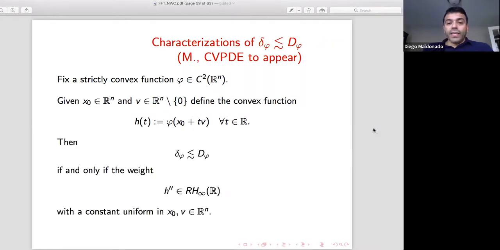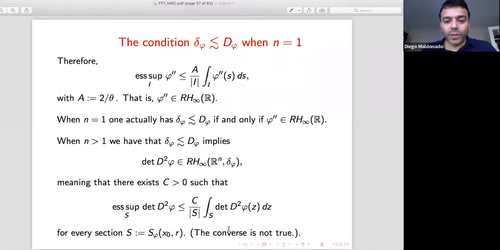So then phi has the property if and only if the second derivatives of the restrictions, which are just weights in dimension one, have the reversed property. We said here the converse is not true, but what can we say?